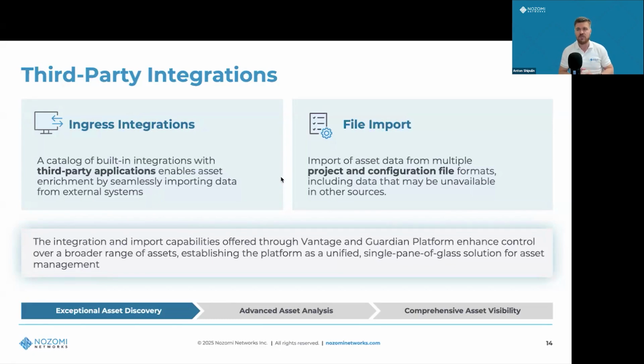These integrations and import capabilities are available through both the Vantage and Guardian platforms, extending visibility and control across a broad asset landscape. These capabilities position Nozomi as a true single pane of glass for unified OT and IoT asset management.